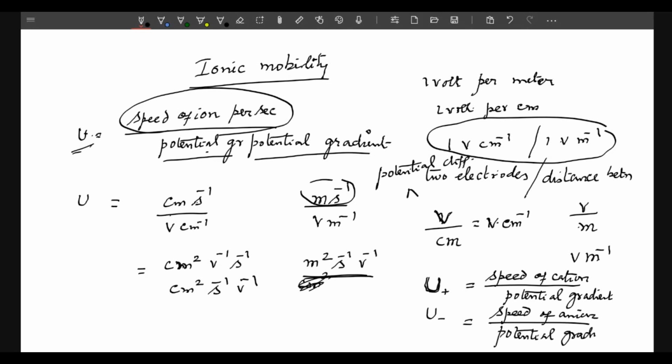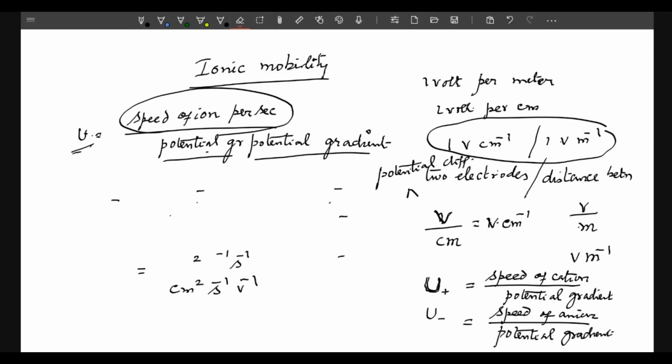Potential gradient. If the cation and anions are present in the same electric field, now U plus by U minus would be equal to what?